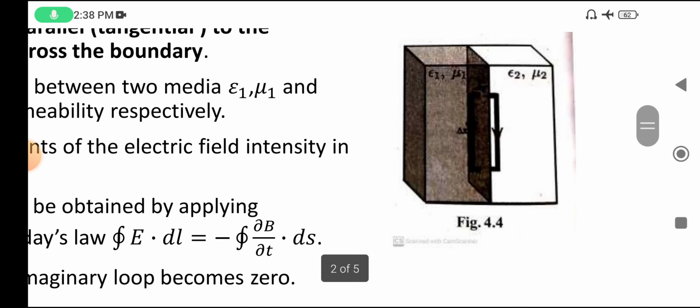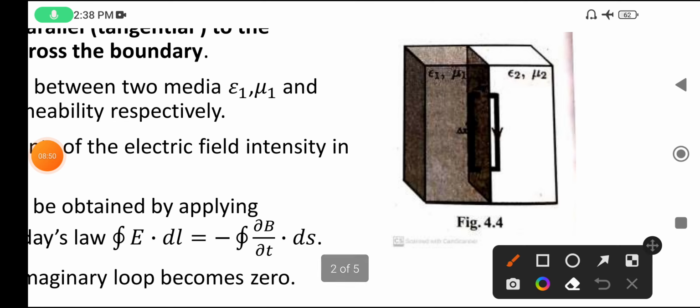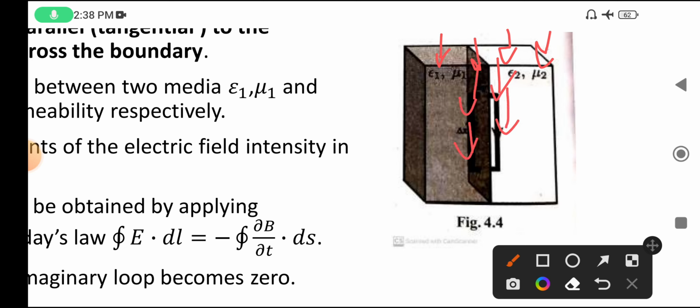Now listen carefully. If you understand this point, you can understand all the boundary conditions easily. Electric field lines come like this and pass through the boundary from this side to that side.